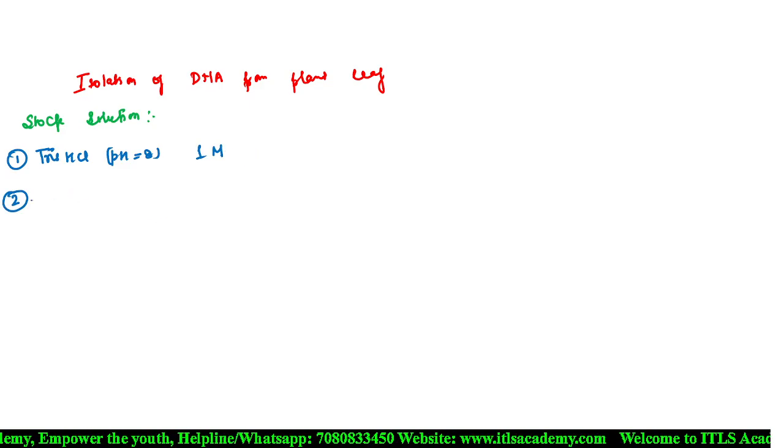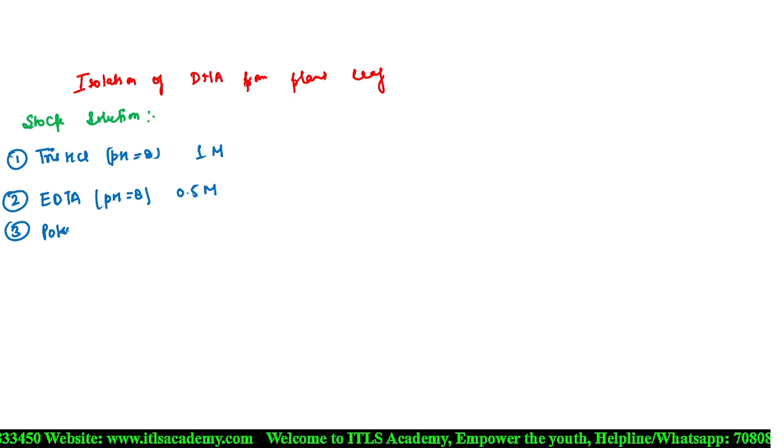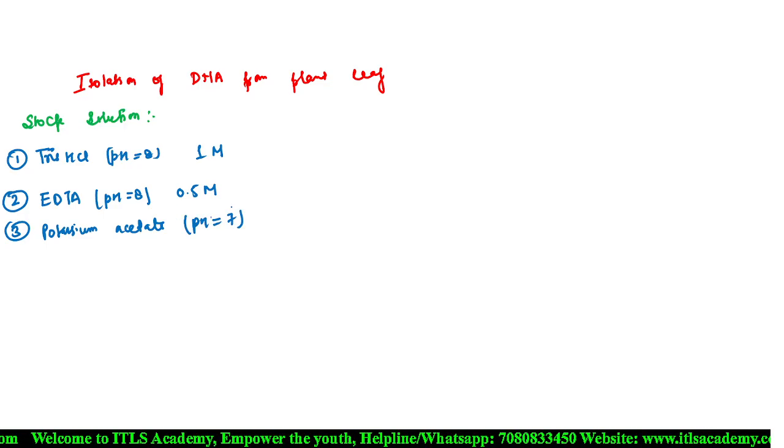Second is your EDTA, whose pH is again 8 and concentration is 0.5 molar. Third is your potassium acetate, whose pH is 7 and concentration is 5 molar.